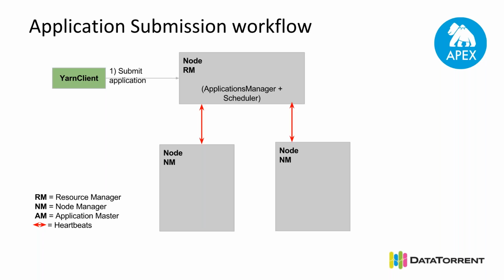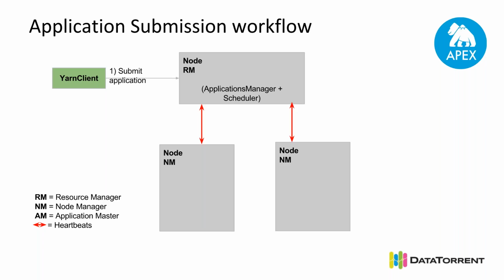Yarn client will tell resource manager that I need to run an application, and you need to launch application master for me, and you need to run this particular code with this particular configuration on some machine. It will also ask for resources, like let's say my application master will need 2 GB of RAM and 1 CPU core to run. All that information is submitted by yarn client to resource manager.